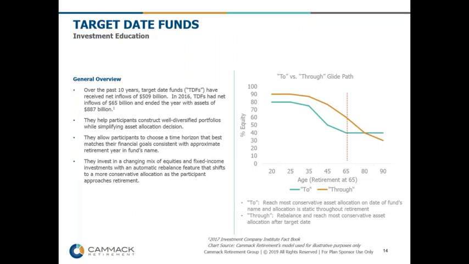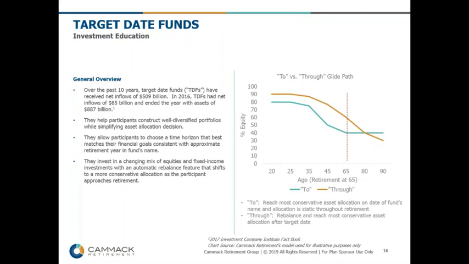Now, the other thing you notice in the chart, you see lines that are trending towards the right, moving down. That's what we refer to as a glide path. At a high level, there are two items that you choose from: to retirement, which is the green line, and then through retirement, which is the gold line.